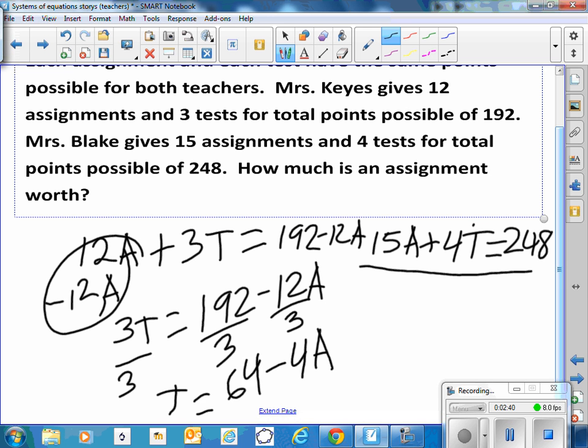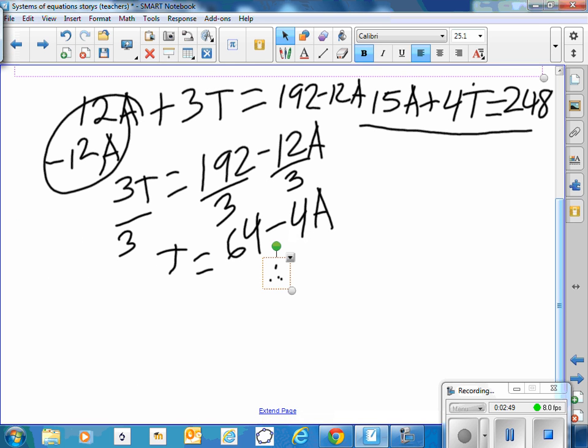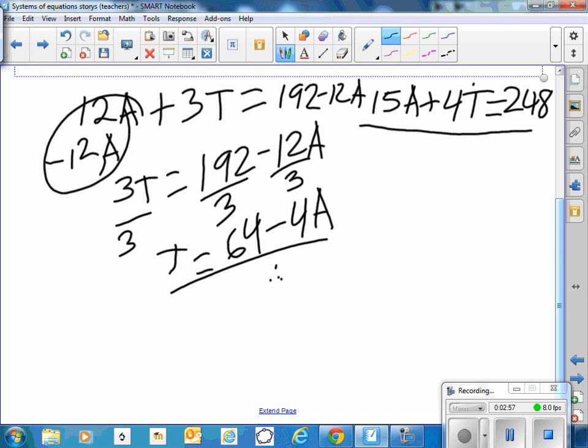So now I can rewrite Mrs. Blake's situation. We can rewrite that, but instead of a test score, we can put 64 minus 4a.